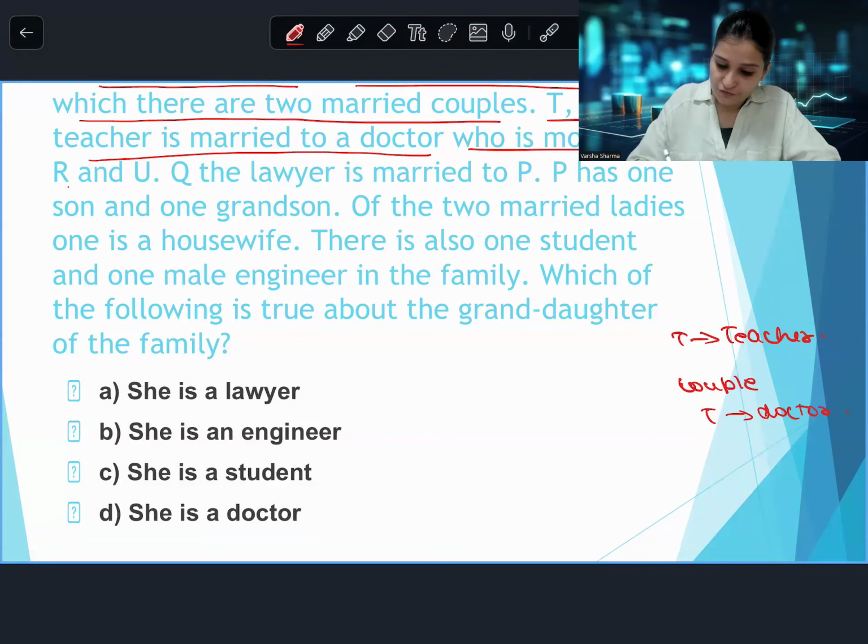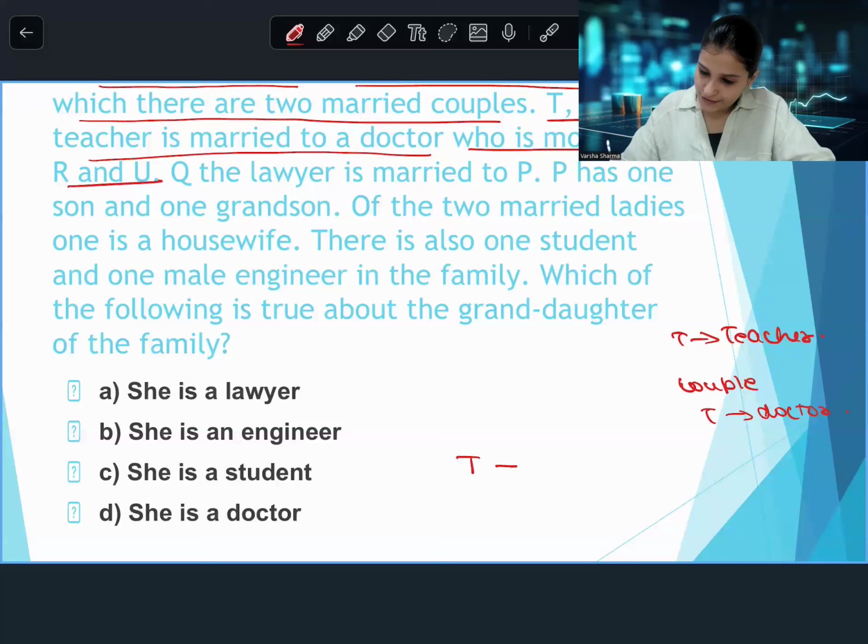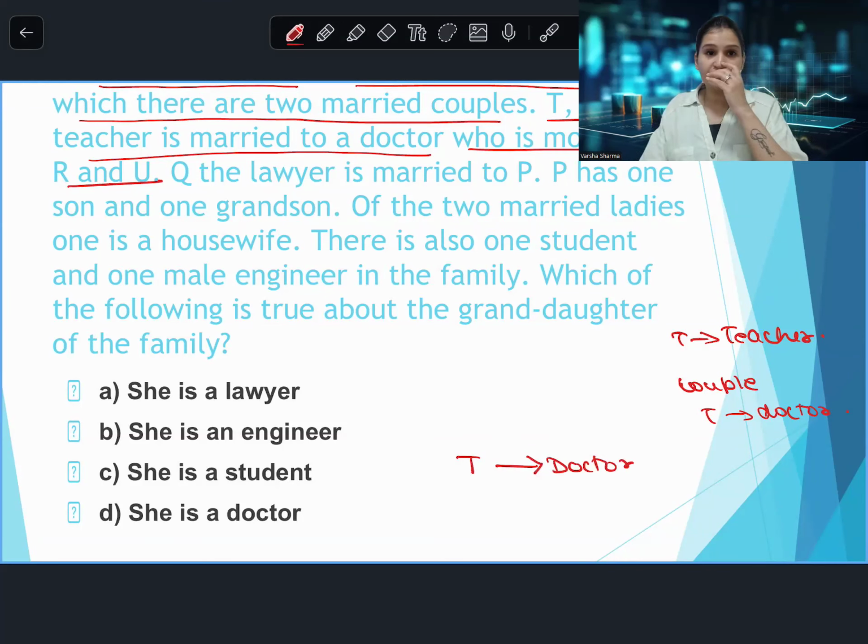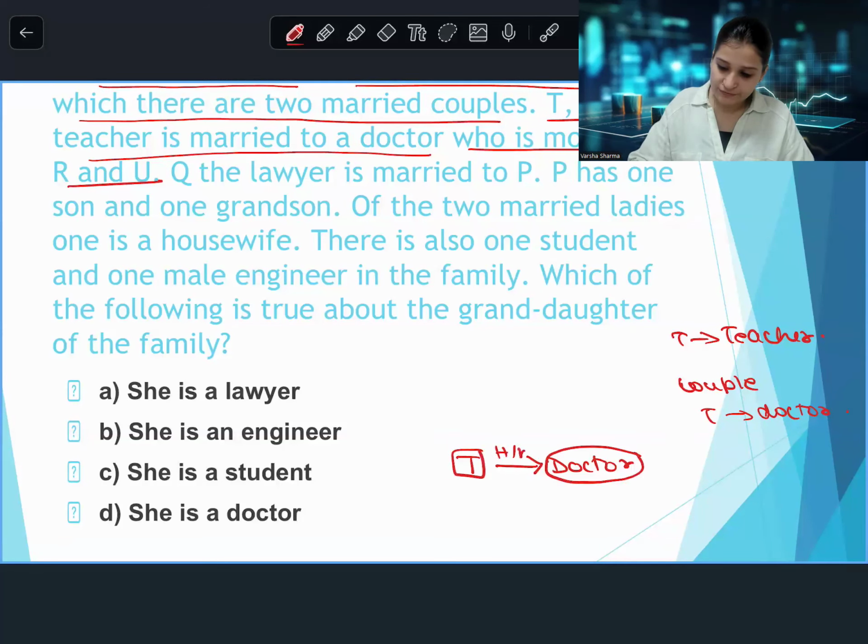Who is the mother of R and U? T is married to a doctor. We are not sure about the gender. Are we sure about the gender right now? T is male. Now, doctor will be female. Agree? So T will be male, husband and wife.